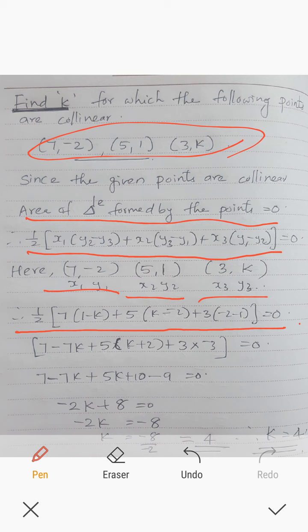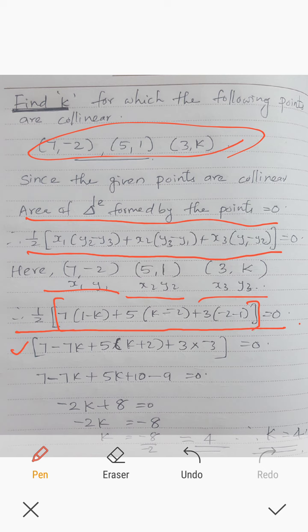All those values are substituted. And after that, the next step is very important. Where is 1 by 2 in the next step? After substituting the values, as the next step, you transpose 1 by 2 to RHS. 1 by 2 is outside the bracket, so this is common for all these terms.